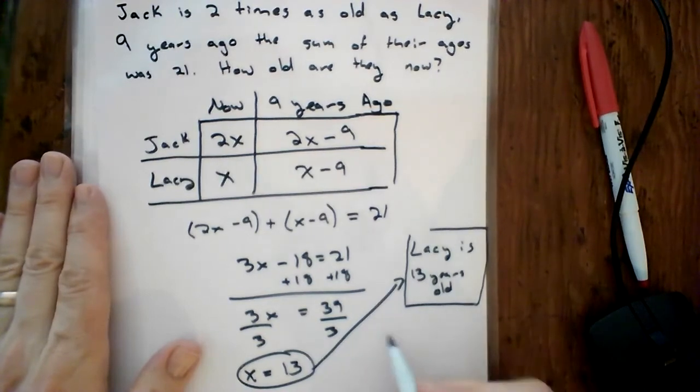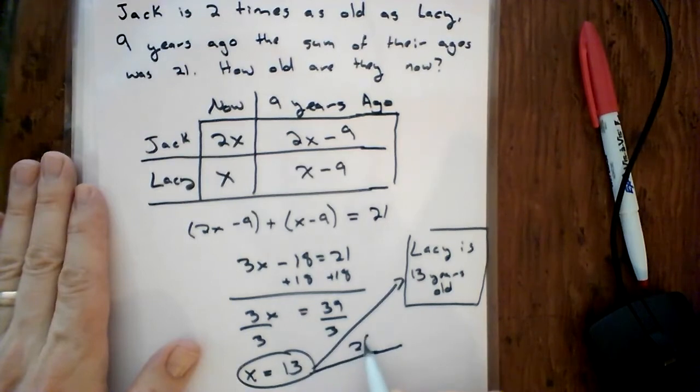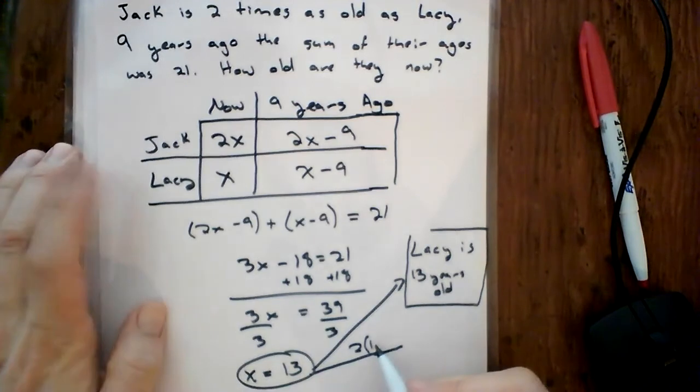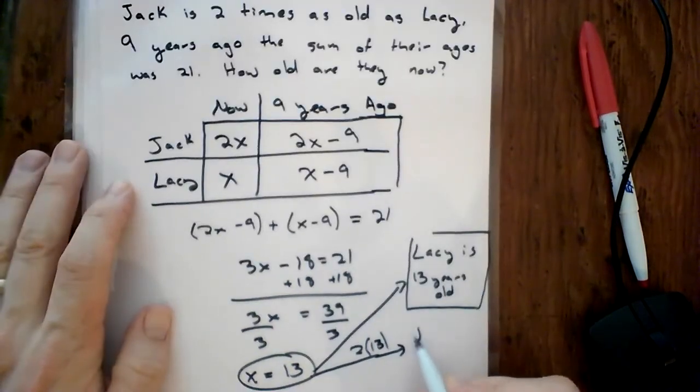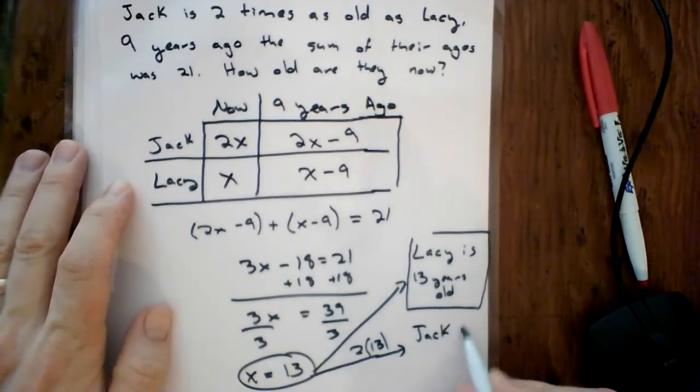I can also say that since Jack is 2 times Lacey's age, right now Jack is 26 years old.